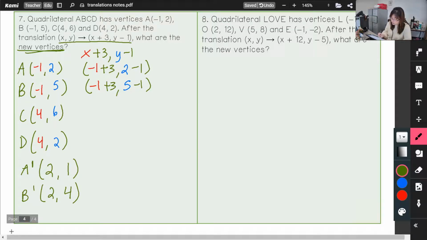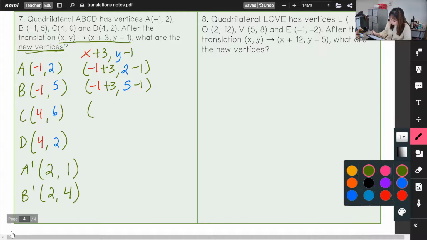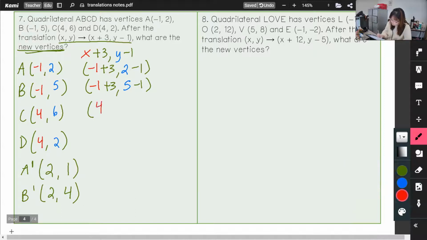Okay, let's move on to C. C has 4 as an x, so we'll add 3 to that, because it says x plus 3 in the rule. And then our y is 6. Rule says -1, so we do 6 minus 1. So C prime, 4 plus 3 is 7, 6 minus 1 is 5. All we're doing is adding and subtracting, guys. It's not rocket science, okay?